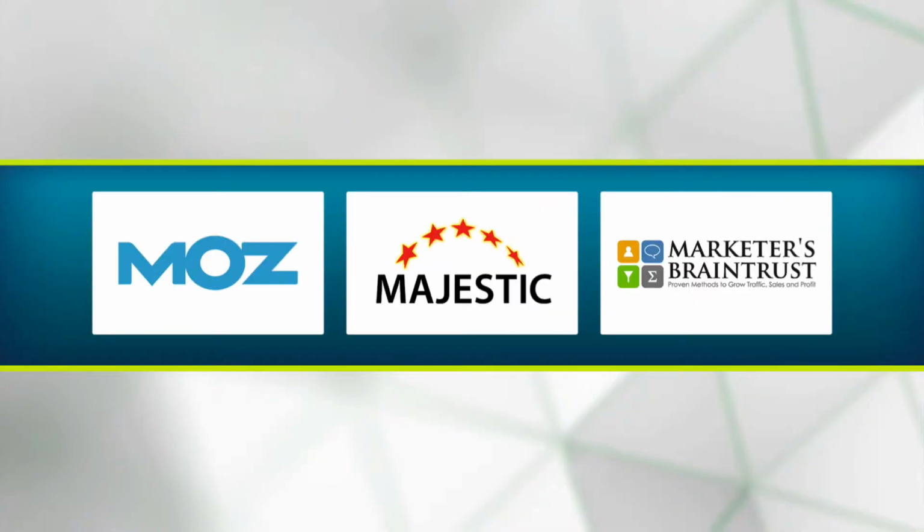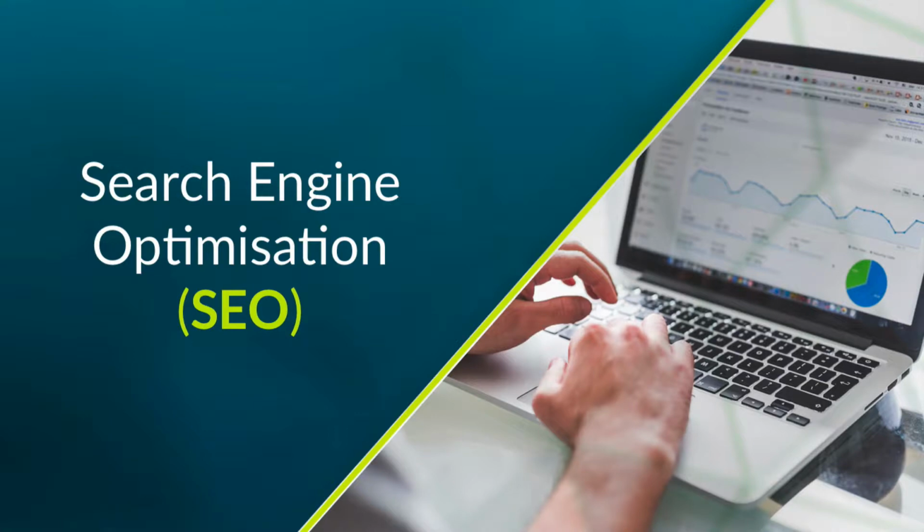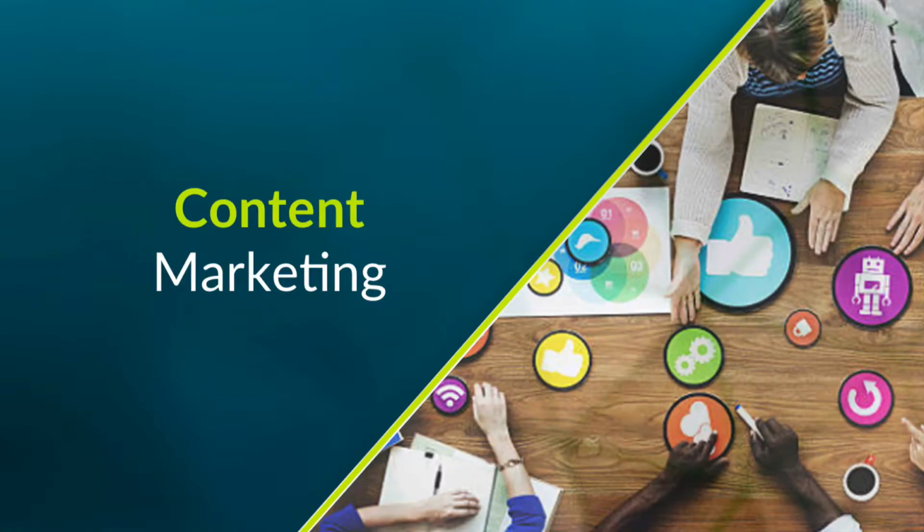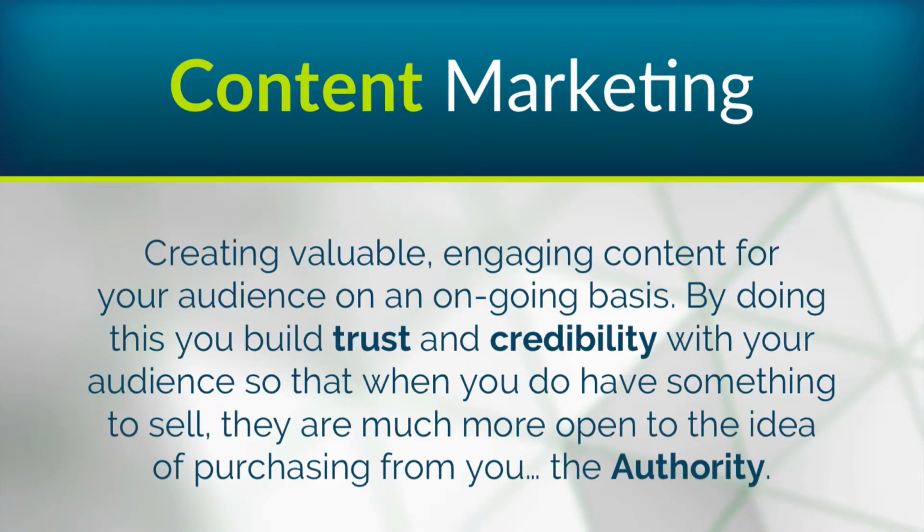So if search engine optimization is no longer as effective as it once was, what is working today? What we've seen is that there has been a major shift away from traditional SEO towards content marketing. Content marketing, in a nutshell, is creating valuable, engaging content for your audience on an ongoing basis.